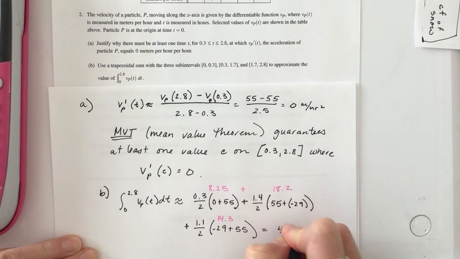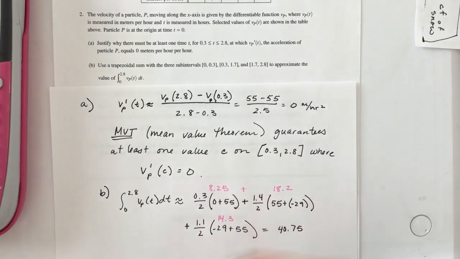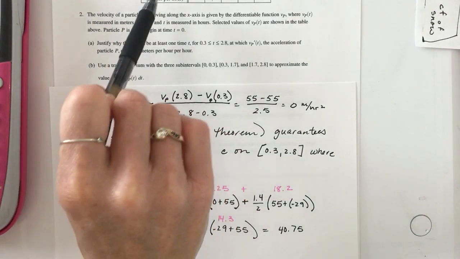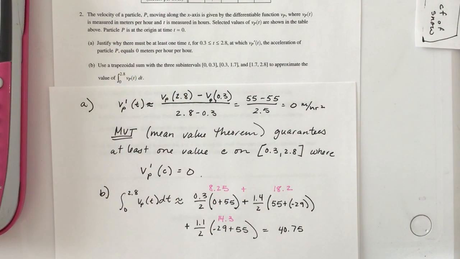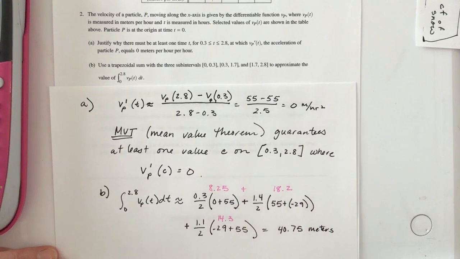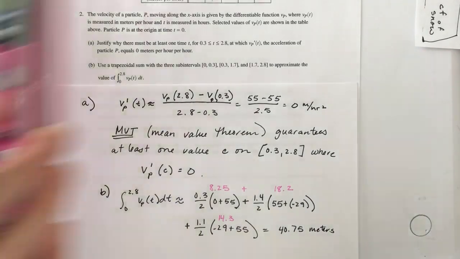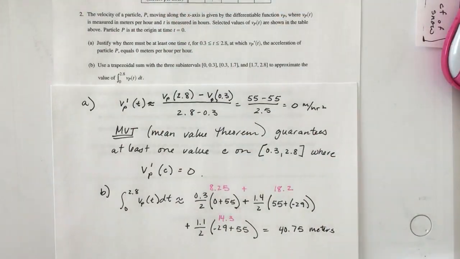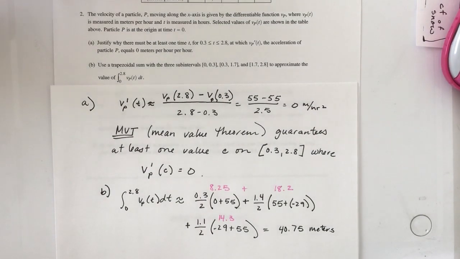I got 40.75. Now what is that? We anti-derived velocity, so we get, yes, you got it, position. So that would be meters. That's how far the particle P went.